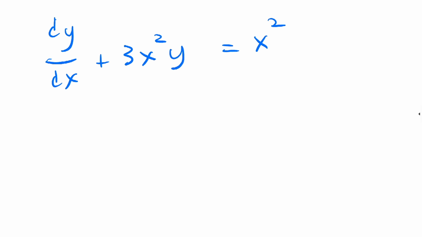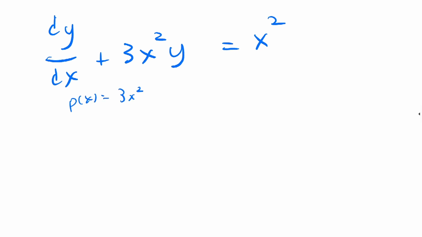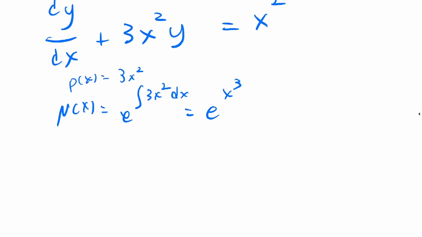Okay, there we go. So the same thing in this case, our p of x is just 3x squared. So our integrating factor, mu of x, is just equal to e to the integral of 3x squared dx, and that's just e to the x cubed, ignoring the plus c again. We're going to multiply that to everything in the differential equation above.